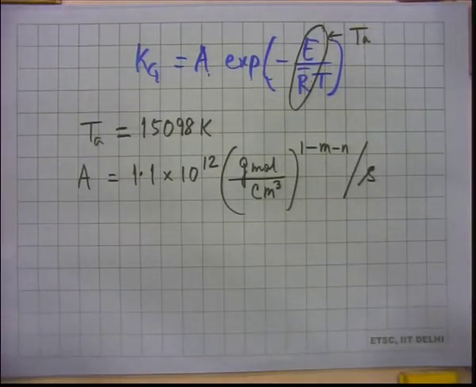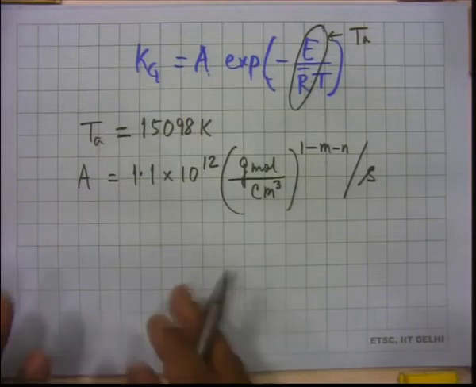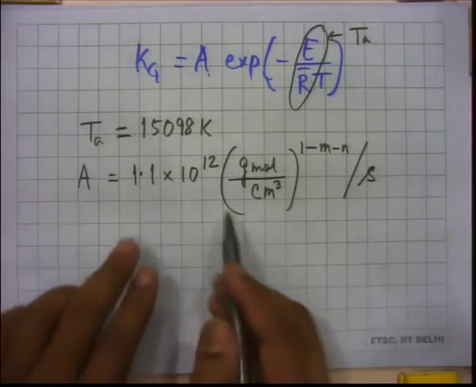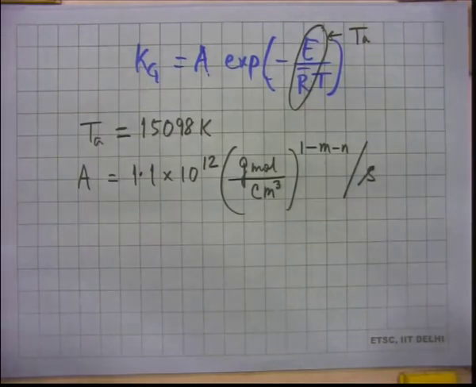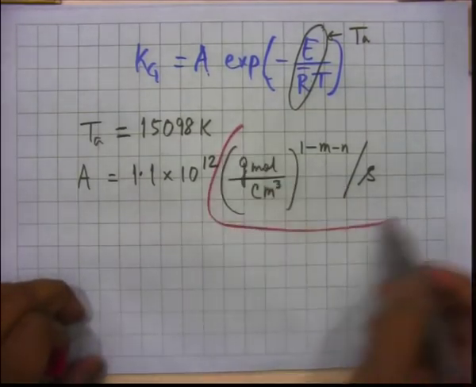Why is it in gram mole? Because that is what is used in that particular table, but we don't like gram mole and centimeter cube here because we are using SI units. So, we will convert this to kilomole and cubic meter. Okay. So, if you look up table 5.1, it will give you 1.1 times 10 to the power 12 in this unit. The table uses gram mole per centimeter cube, that is the only reason I am writing it here.